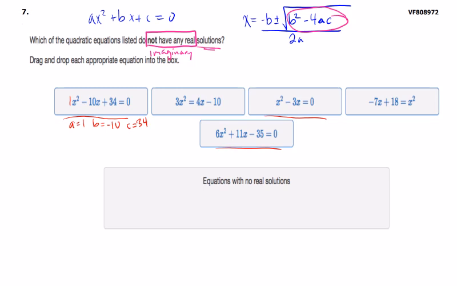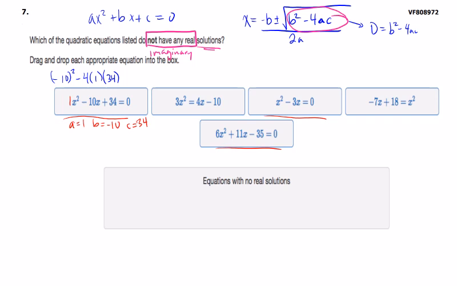I'm going to plug all that into the discriminant. Remember, the discriminant is b squared minus 4ac, it's what's underneath the radical. So I'm going to do negative 10, don't forget to put in parentheses, negative 10 squared minus 4 times a, which is 1, times c, which is 34. I'm just going to plug that straight into the calculator, just like it looks. You might be able to hear the buttons.